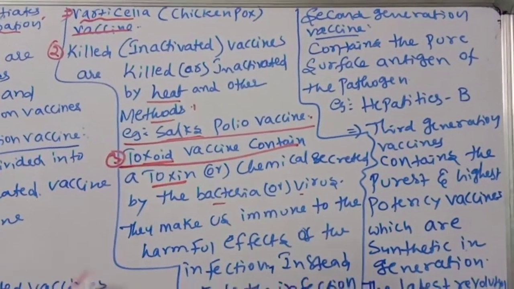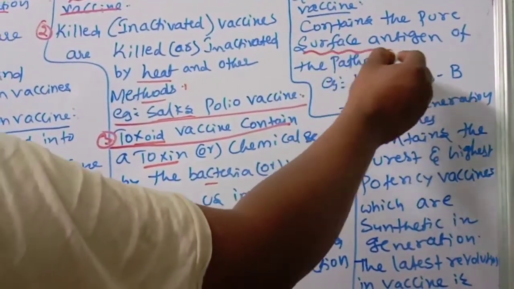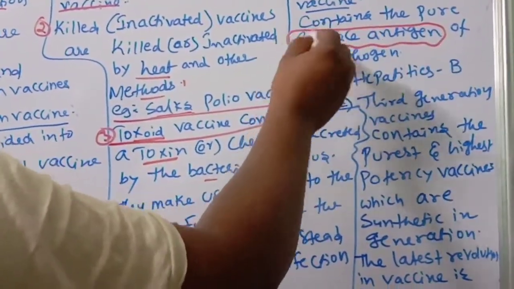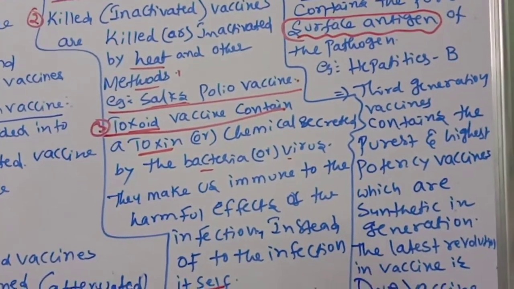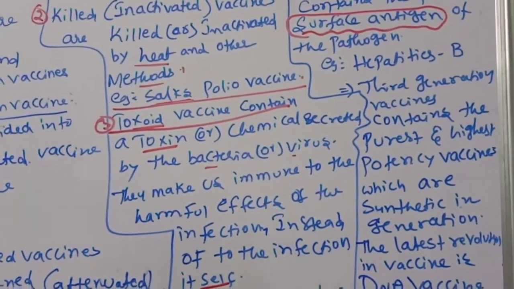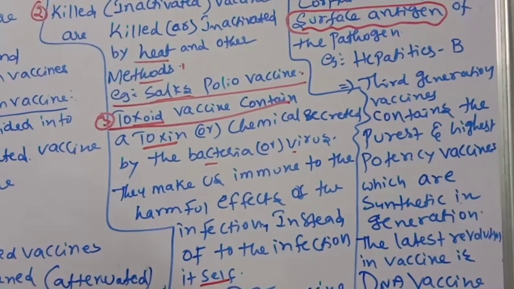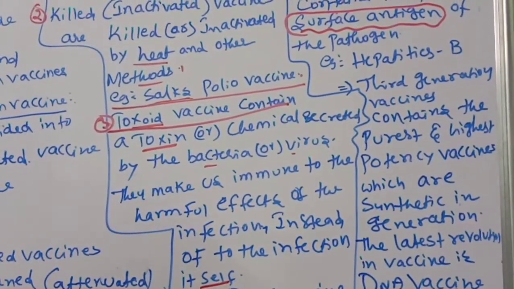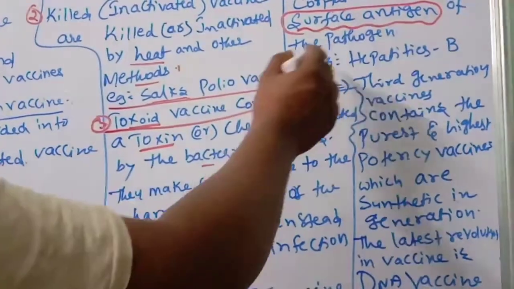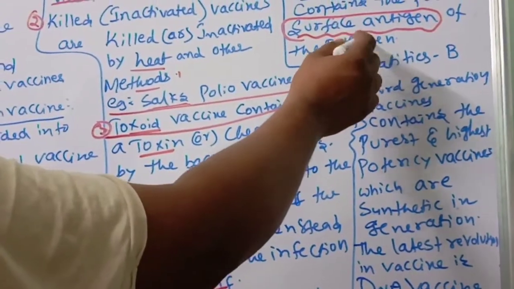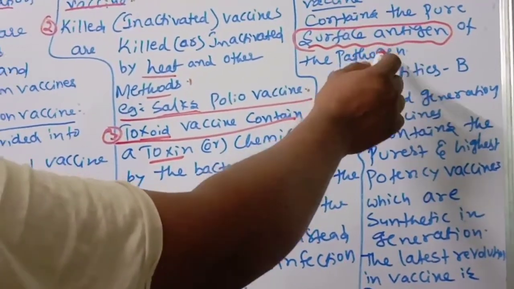Next, second generation vaccines contain pure surface antigen. Suppose the flagella or viral coat, capsomers, capsids, like that they will take and use as a vaccine. That is called pure surface antigen of the pathogen.